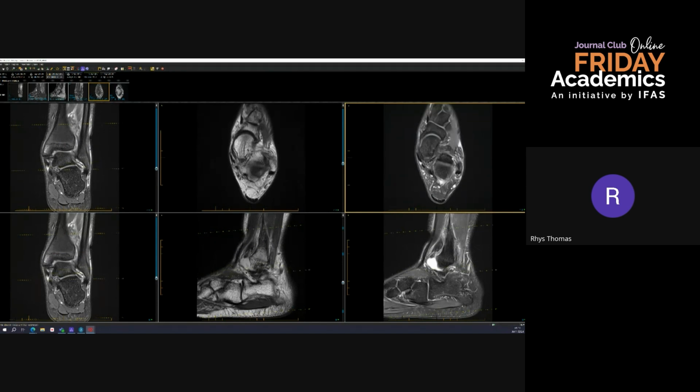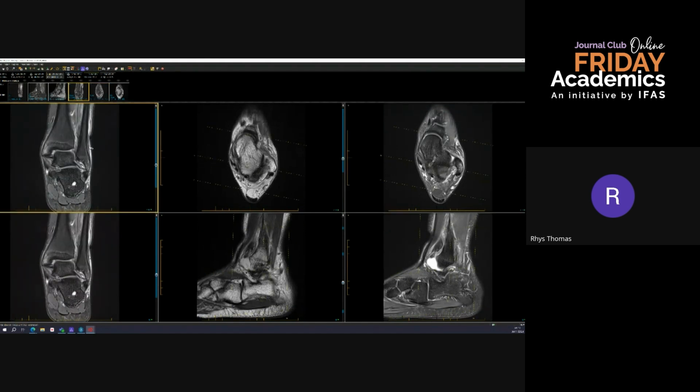ATFL doesn't look too bad and looks intact. And for some reason, we have a PD fat sat here, but the CFL is also intact. We've got bone contusions of the medial malleolus, but this deltoid still has that beautiful striated appearance.